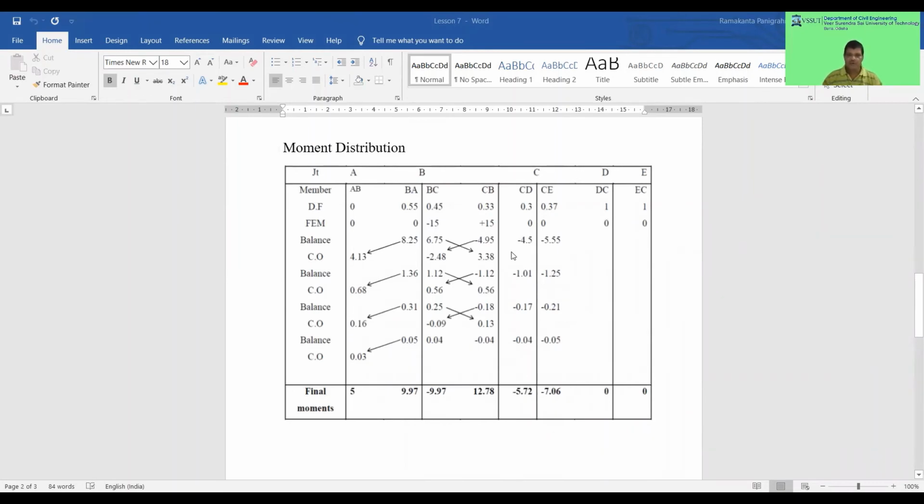Now you make the moment distribution table. You take joints A, B, C, D, E, all the joints.